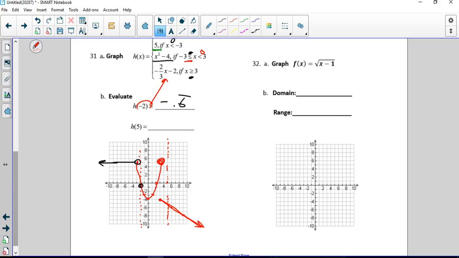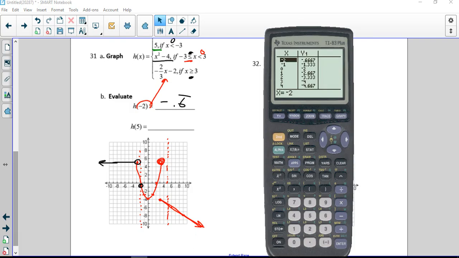Sorry. That's the wrong one. I had the wrong parabola. I had the line here, not the parabola. Sorry, that's the parabola. So I got to clear the line. I got to clear that out and do x squared minus 4.